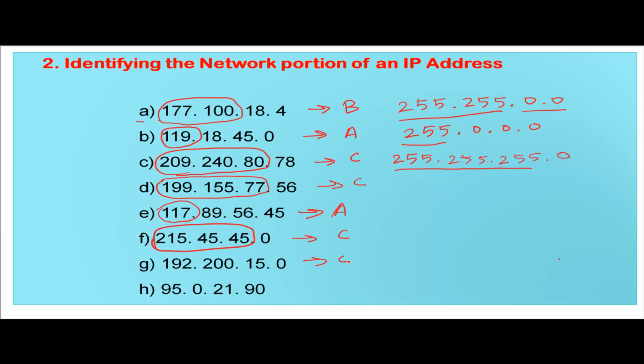For a class C IP address, the same thing, 255.255.255.0 is the subnet mask, so the first three octets are your network portion. Then 95 is a class A IP address. For class A, 255.0.0.0 is the subnet mask, so 95 is going to be the network portion. We have some more examples in the coming slides.